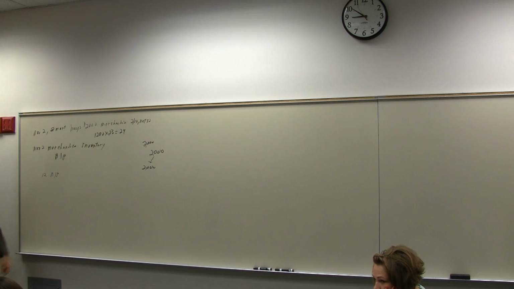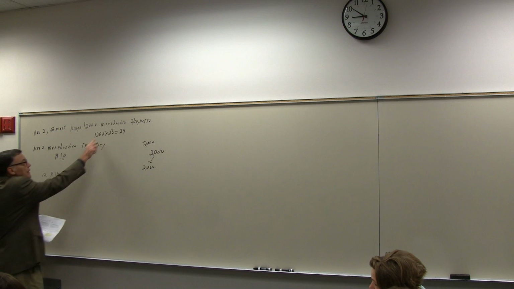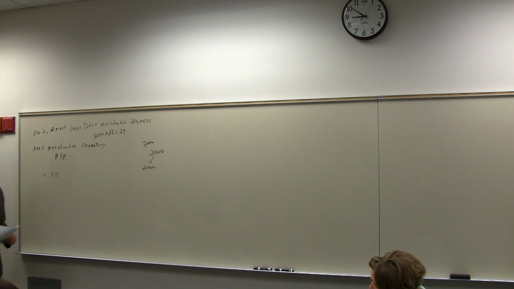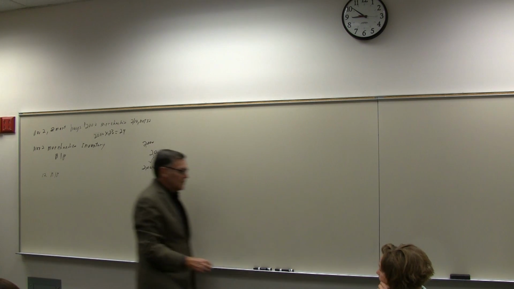How is it, you said $2,000 worth of merchandise, so how is it $1,200 you only get the 2% on? Oh, I said 1,200. Yeah, thank you. Oh, I'm sorry.